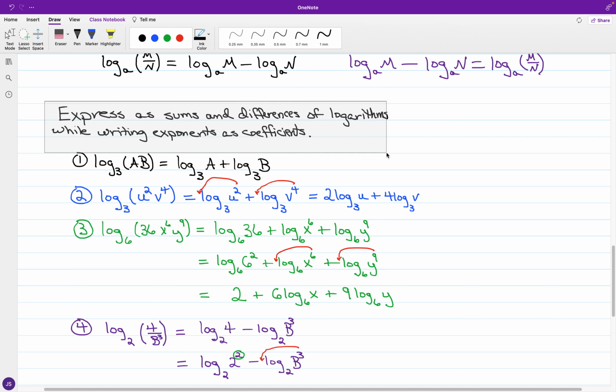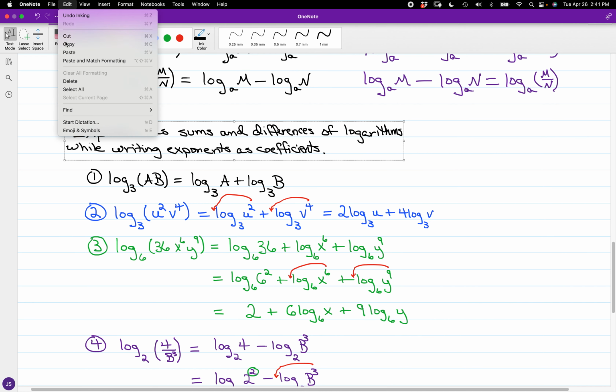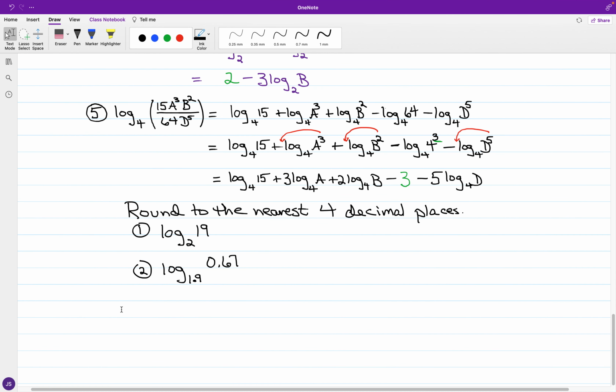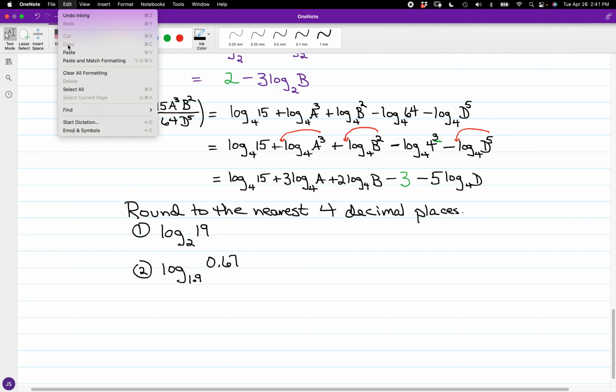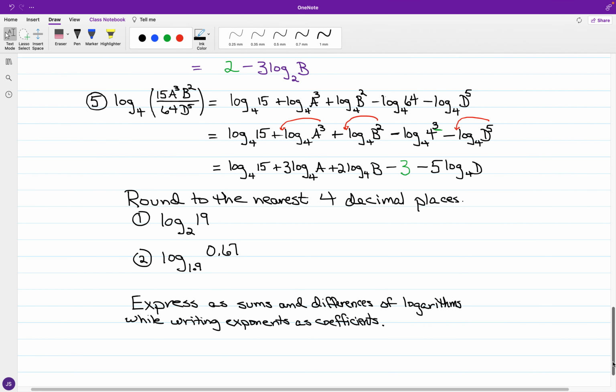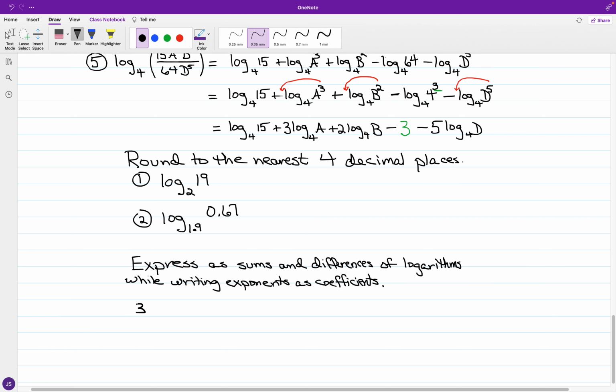And in terms of writing out sums and differences of logarithms, let's see what we get in the case of the base 3 logarithm of 27a to the 5th, b to the 4th, all over 15 times y to the 9th.